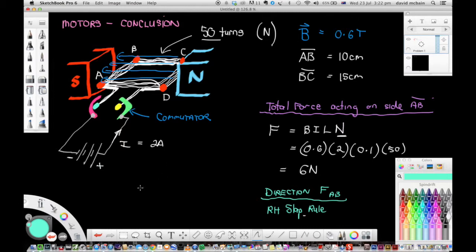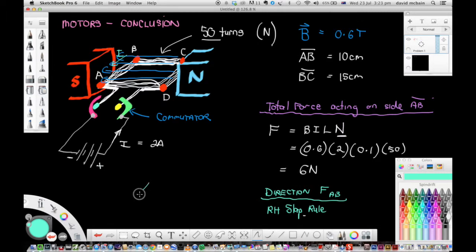The thumb points in the direction of the current. Now the current, let's trace it, it's going this way, around through DC, then B, then back through A. So the current is actually running in that direction. So our thumb is going to point basically out of the page. Our field lines are going from right to left, so our fingers are going to point that direction.